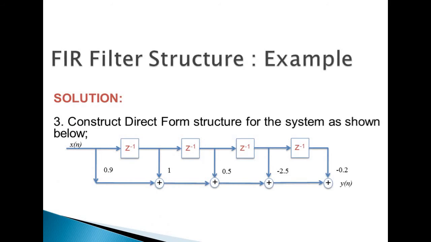For x of n, it is simple: the first term 0.9, then x of n minus 1 added, then 0.5, then minus 2.5, then minus 0.2, and y of n you will get. So this is a simple direct form structure for the above example.